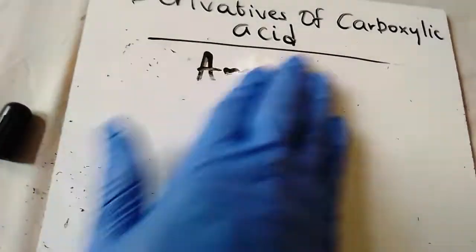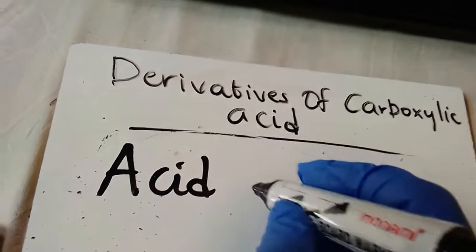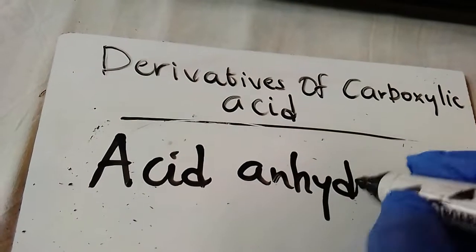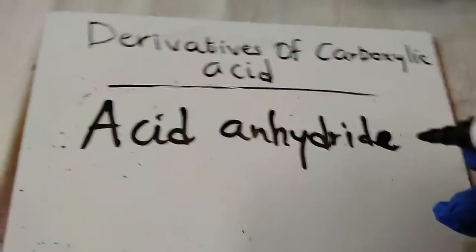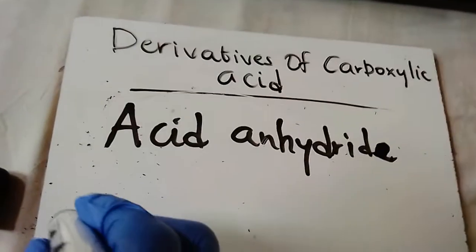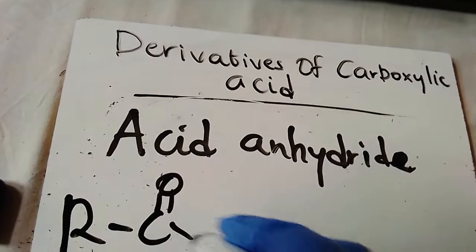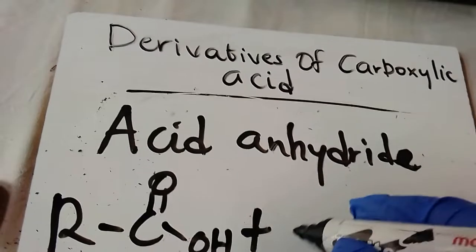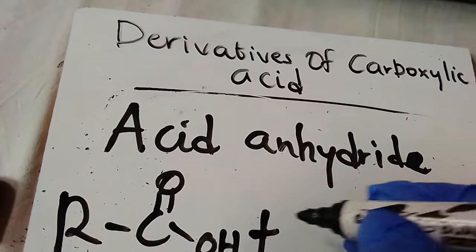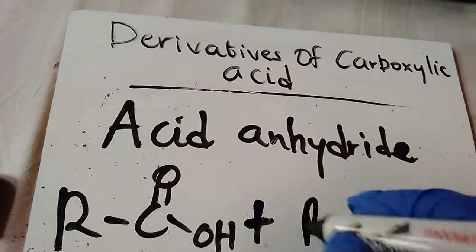The next derivative is acid anhydride. For acid anhydrides, if we have a carboxylic acid and you react it with an acyl chloride as we did earlier. So here is a carboxylic acid plus another derivative of carboxylic acid, which is an acyl chloride.